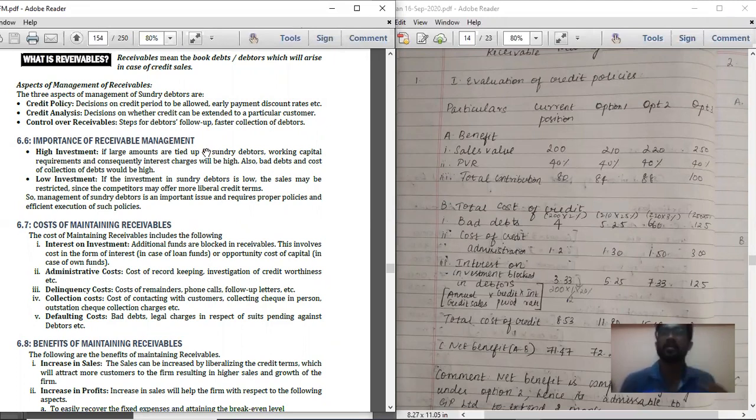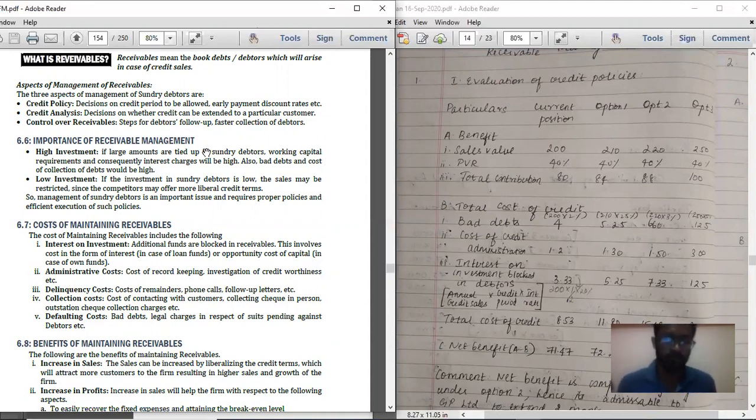It will be effective only if credit is given for 2 months rather than 6 months. If you are giving credit facility for 6 months, then your amount is going to get logged in as a debtor, and you are going to lose the opportunity cost on using that investment for earning some other returns. Suppose you have 1 lakh rupees, you are giving 50,000 rupees as credit sales, and you are going to receive it after 6 months.